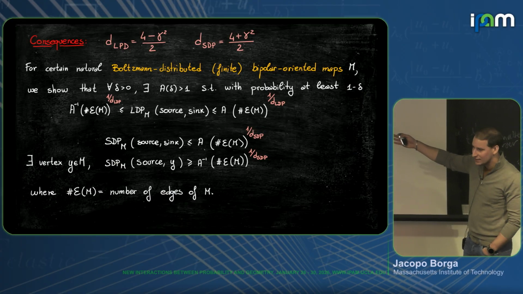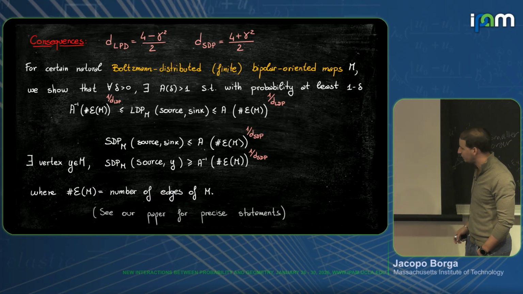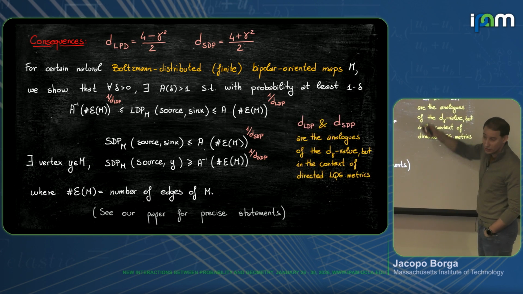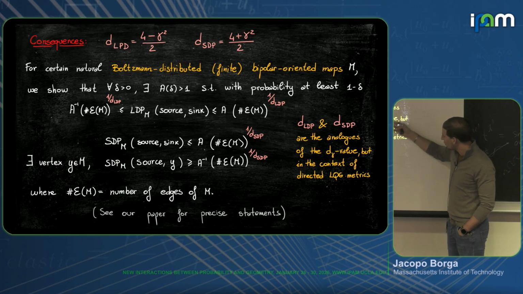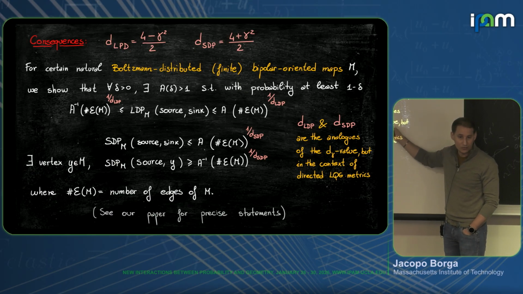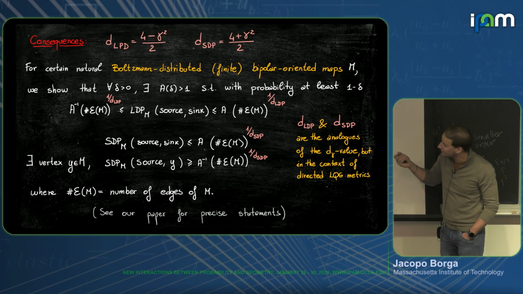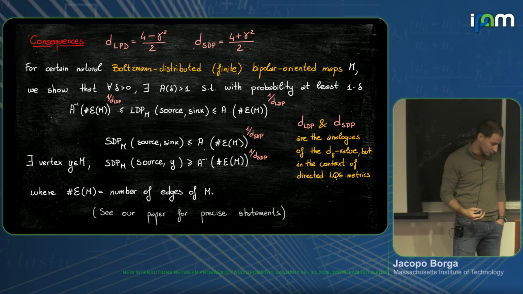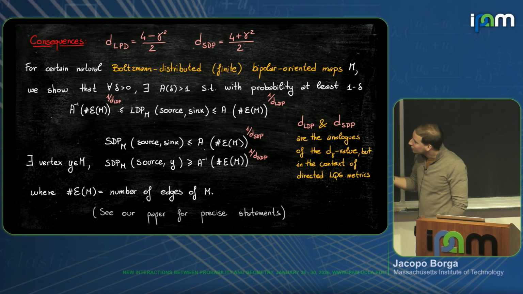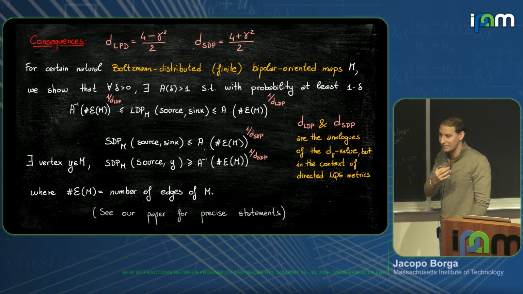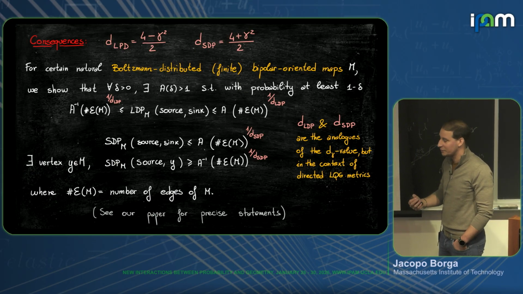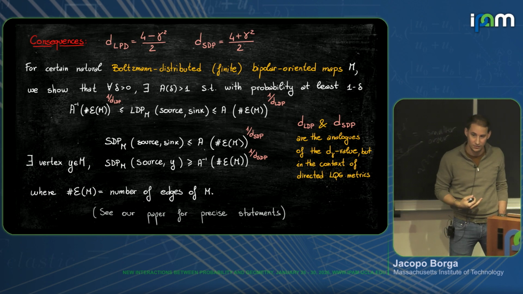So the exact details of these are not very important, but what you should keep in mind is the following: d_LDP and d_SDP are the exact analog of the value d_gamma, which is widely open to compute for undirected metrics. So these should be exactly the analog in the continuum of the dimension of this directed notion of Liouville quantum gravity. So it's quite surprising that on one side everything is uncomputable, while on the other side it seems that you have this additional solvability that allows you to compute exponents exactly.